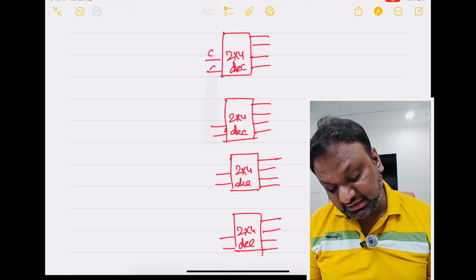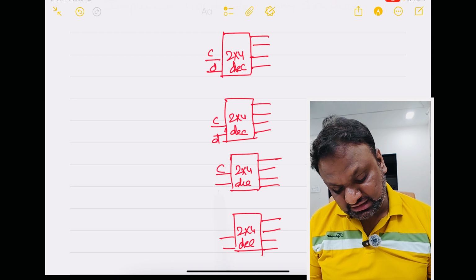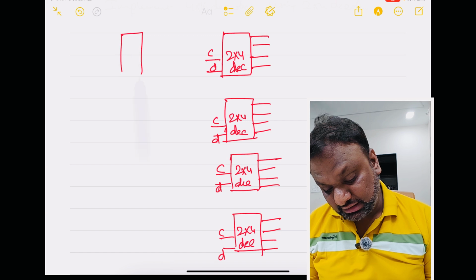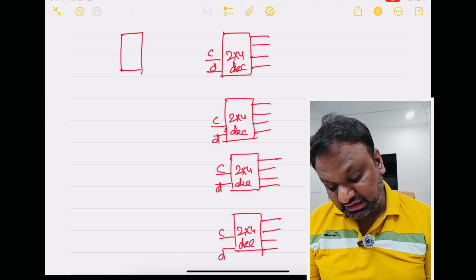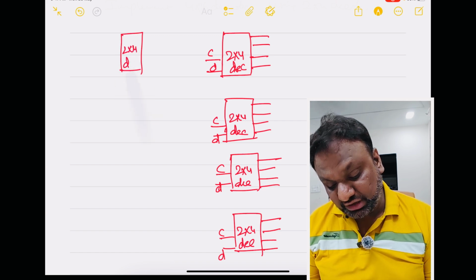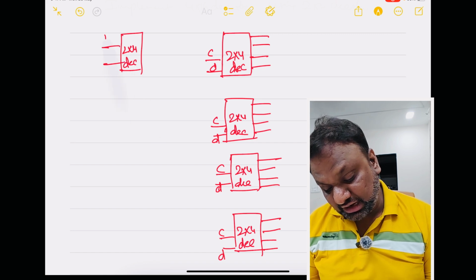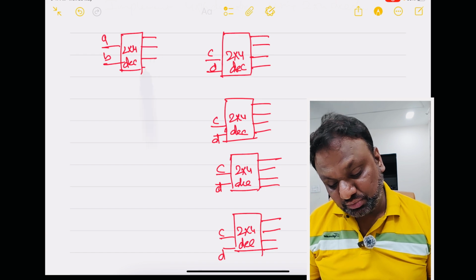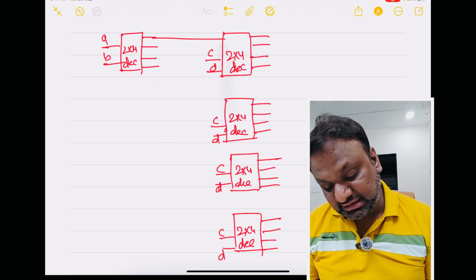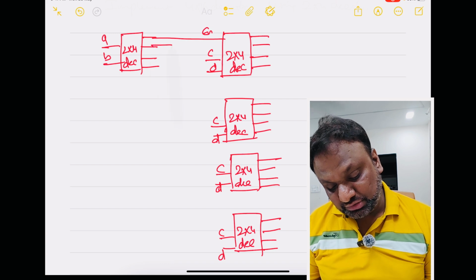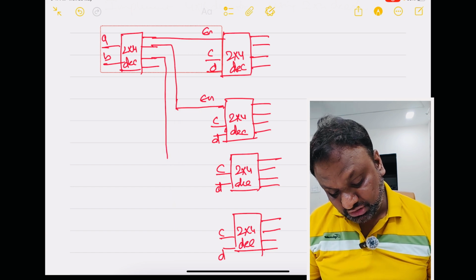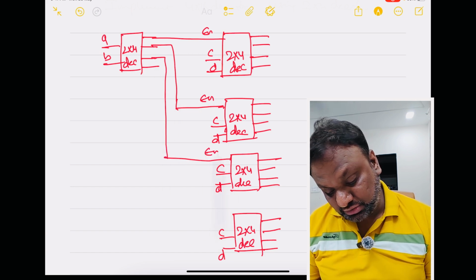This is C and D, C and D, C and D. Now what you will do is, at the input side, use another 2 to 4 decoder where my inputs are A and B, and this 2 to 4 decoder has 4 outputs. The outputs of the first 2 to 4 decoder are given as the enable signal to the rest of the decoders.